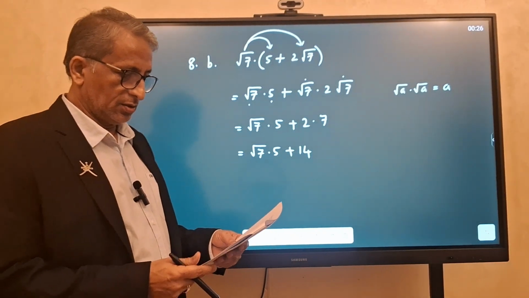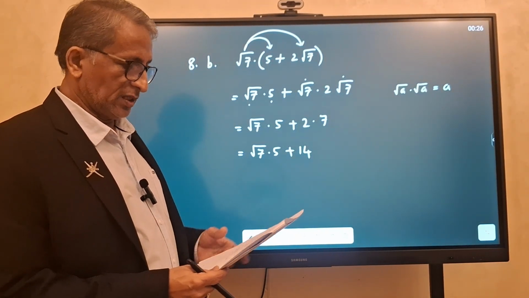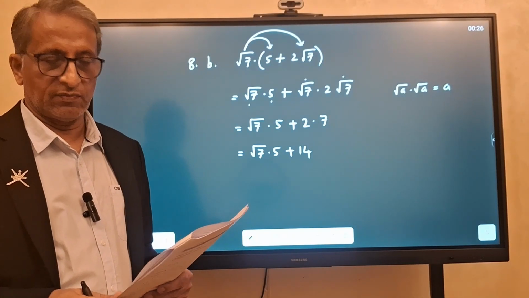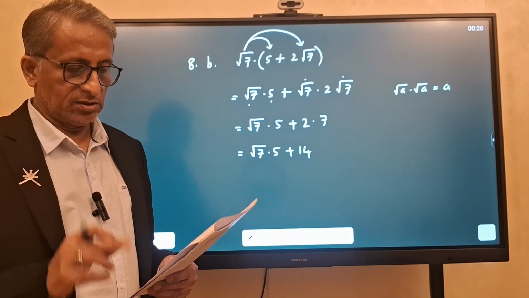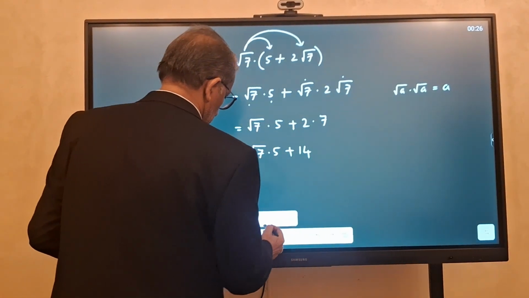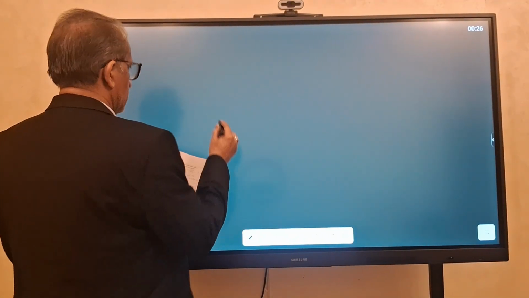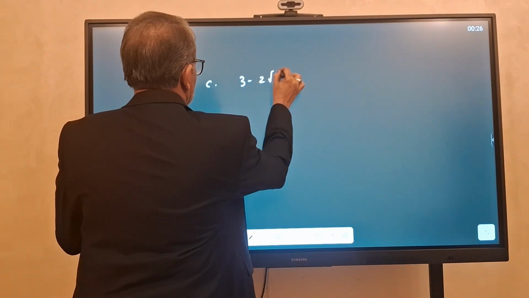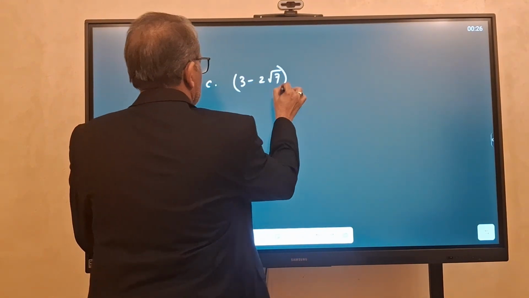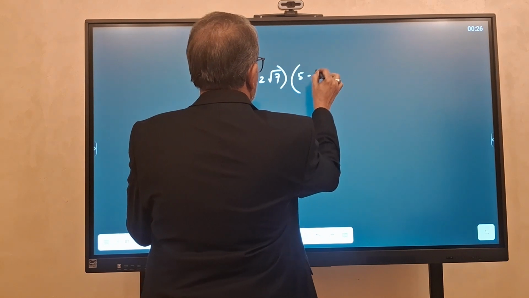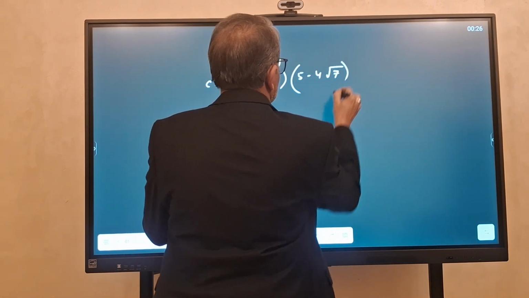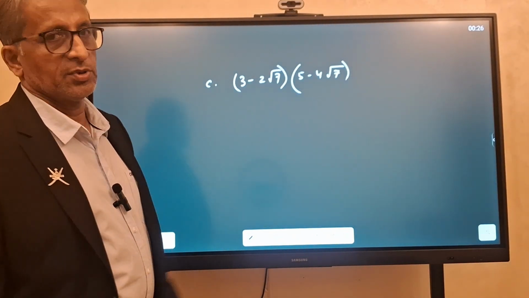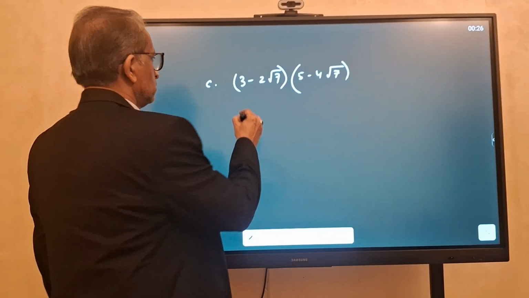8C, we are multiplying: 3 minus 2 root 7 and 5 minus 4 root 7. What we do here is multiply these two brackets.